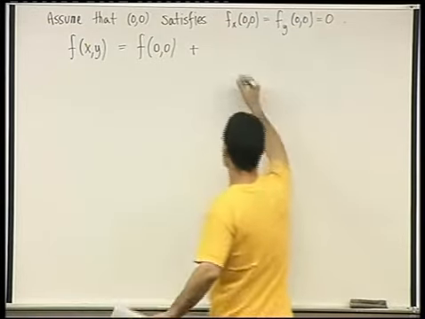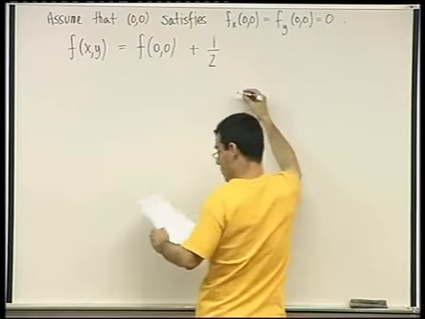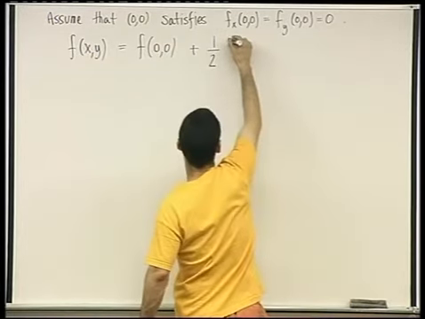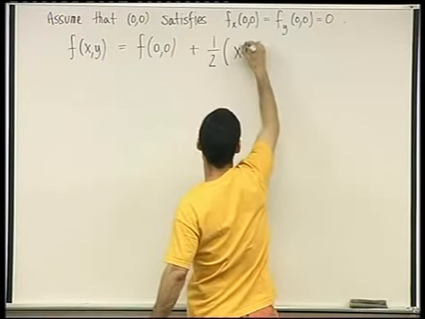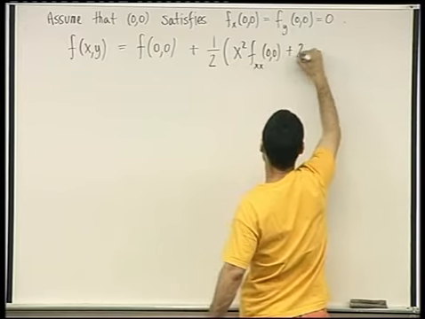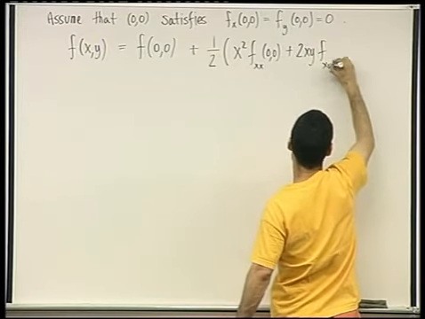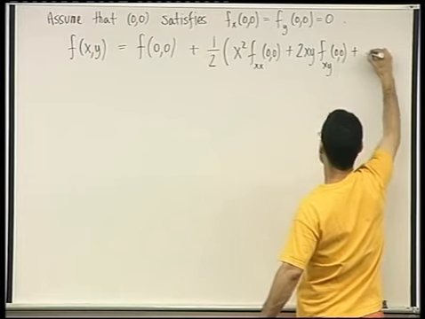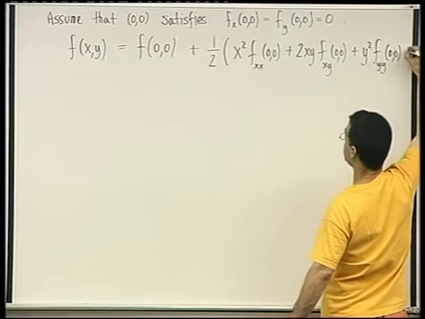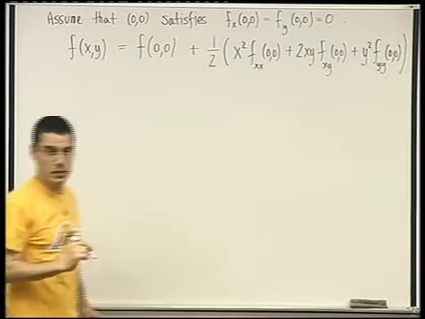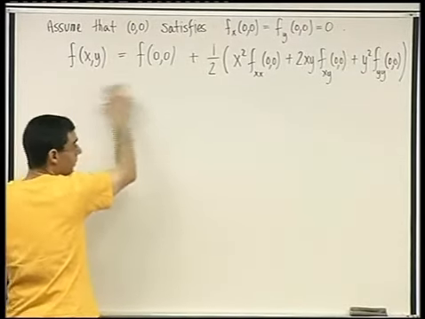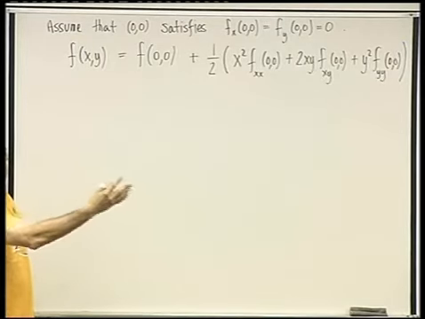Okay, so there's going to be the term, let me remind you what it is. It's 1/2. The 1/2 comes from 1 over 2 factorial, remember? And then what we're going to have here is x squared times fxx at 0, 0, plus 2xy fxy at 0, 0, plus y squared fyy at 0, 0. Does this look familiar? Do you remember we did this? Everybody? Wonderful.